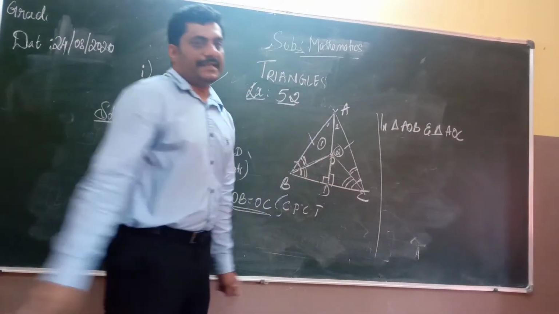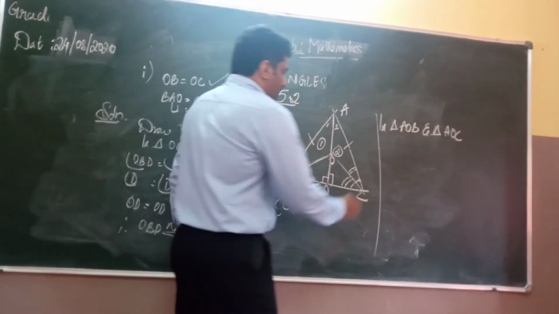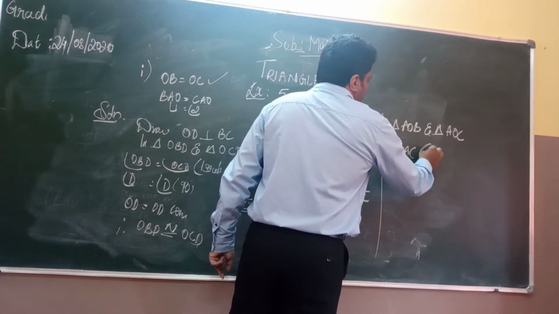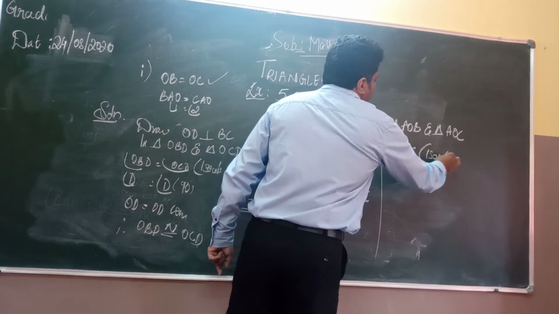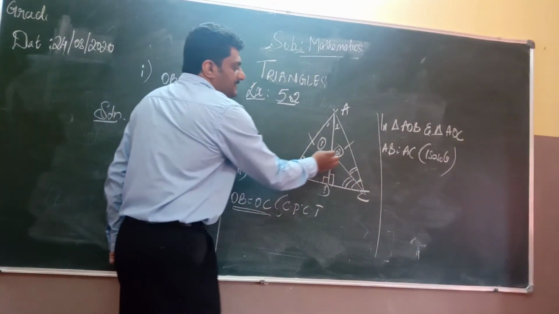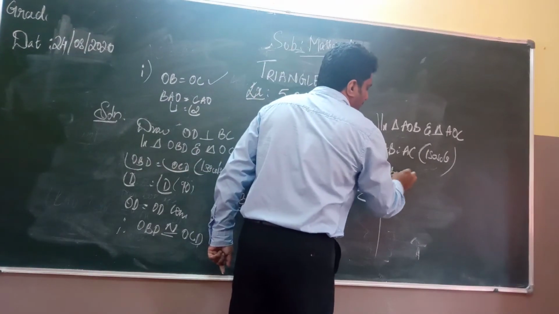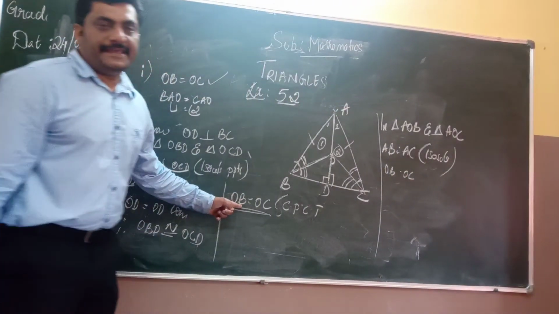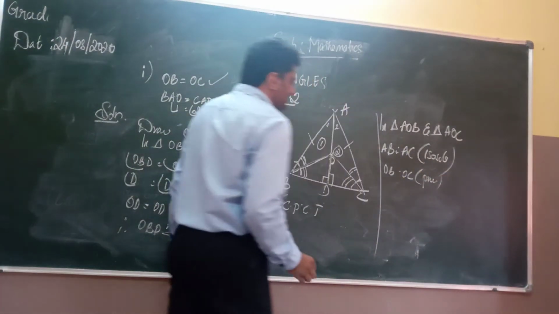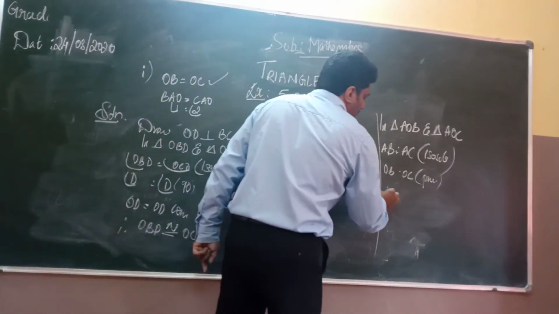These are the two triangles. AB is equal to AC. Why? Because it is isosceles, which is given in the question itself. Next, OB is equal to OC. Why? Because we have already proved it. Next, AO is common.